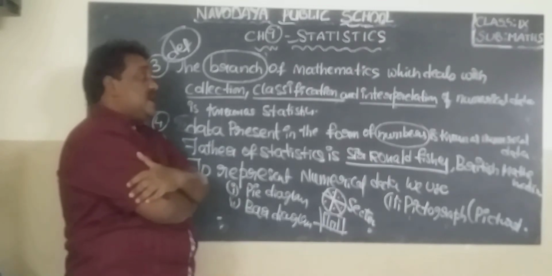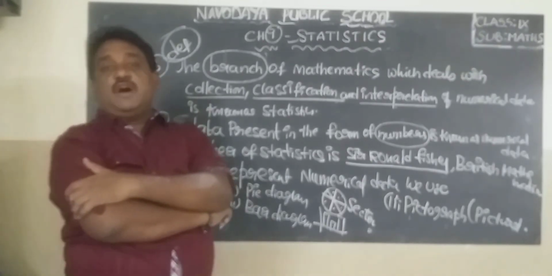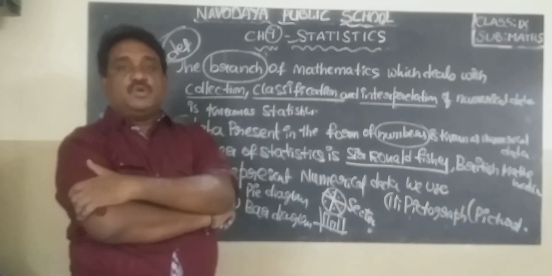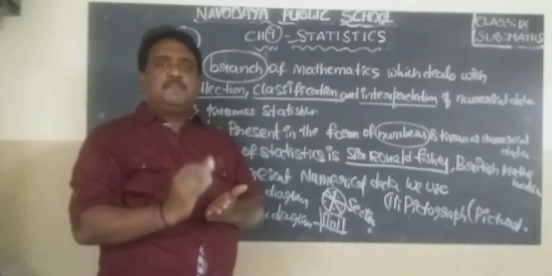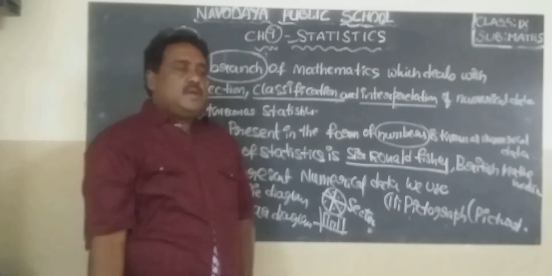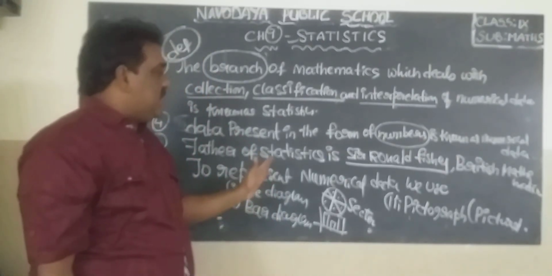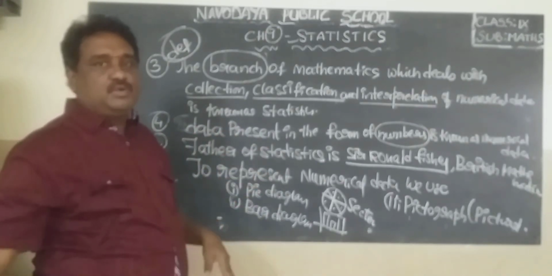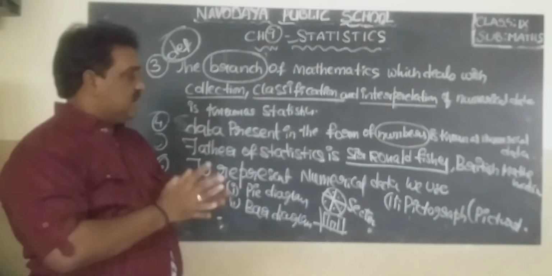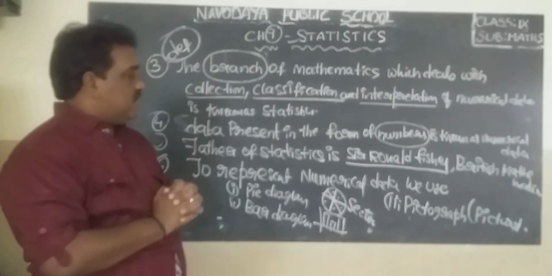Fourth one, data present in the form of numbers is known as numerical data. Numeric means number. And to represent numerical data we use number 1, pie diagram, which consists of sectors. Number 2, bar diagram consists of rectangles. Number 3, pictograph consists of pictures.